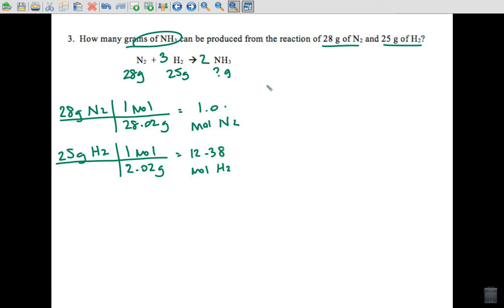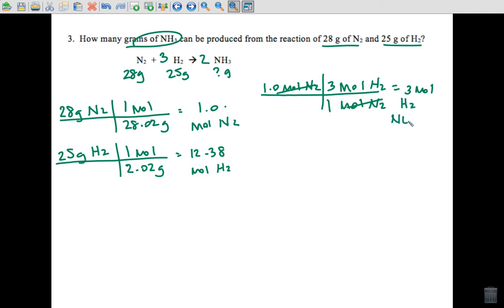So now I have my 2 mole amounts. I have to compare them to each other. I'm taking the smallest mole amount, which is 1 mole of N2, and I'm going to use a mole to mole ratio to figure out how much of the other reactant should form according to that. So moles of N2 goes on the bottom, H2 on the top. Numbers come from the coefficients, and I get 3 moles of H2 needed.